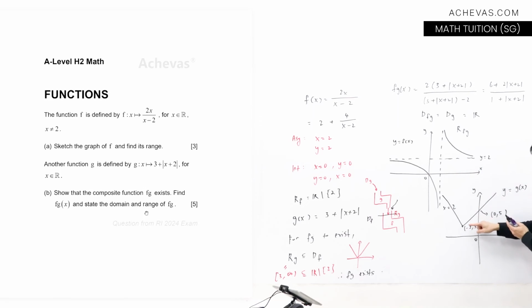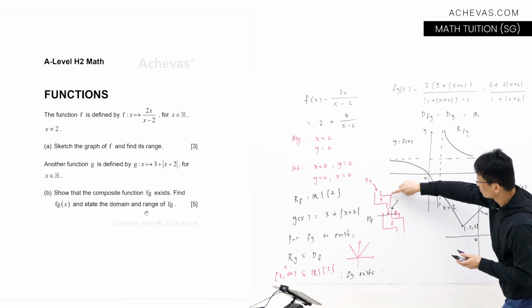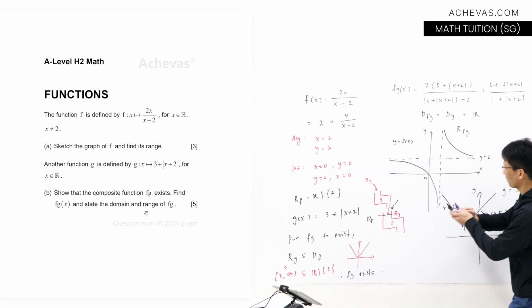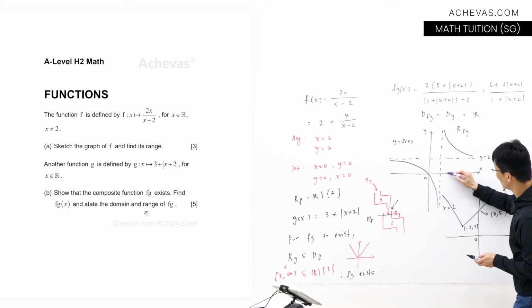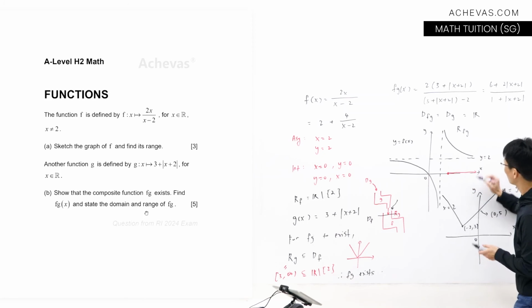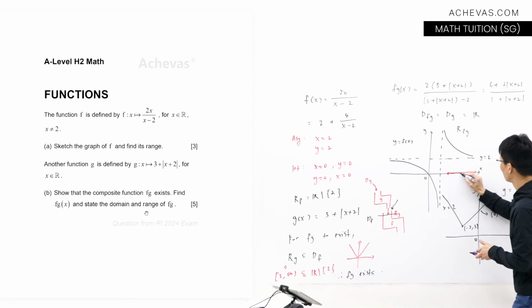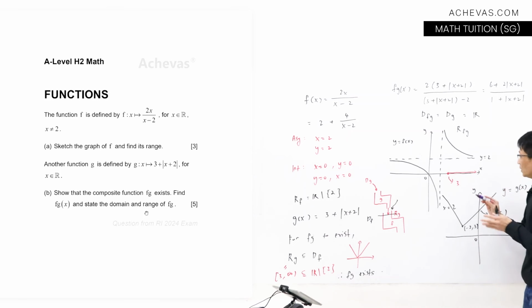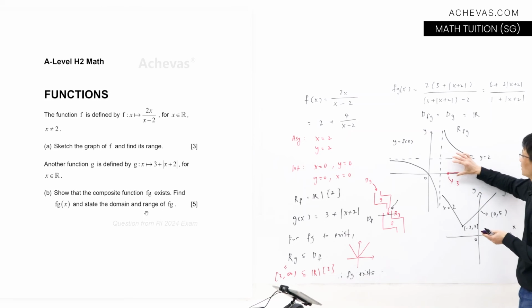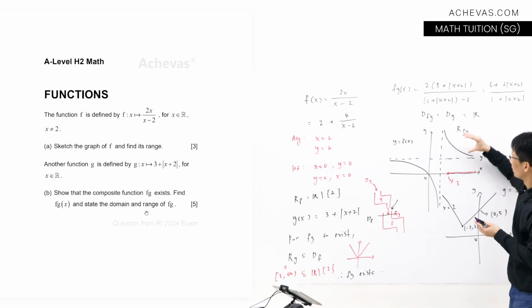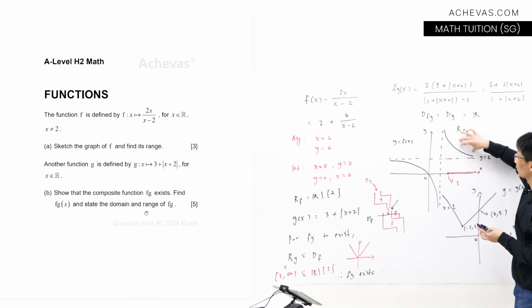So from here, you can see that from 3 to infinity is the range of g. So this range will be put into the domain of f. So I can just imagine that it will be pasted into the domain of f here. All right, so this point will just be 3. For this new domain, I want to see what is the new range that this function will take.